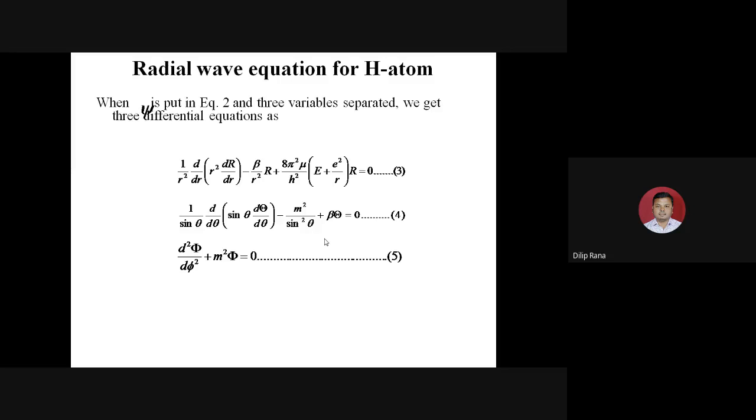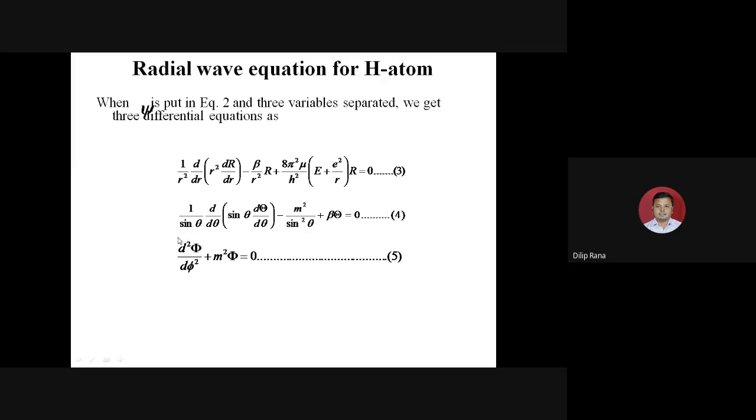So if we separate the variable of psi in terms of r, theta and phi, we can have three equations. Equation number 3 is the function that depends on r, obtained by solving the r equation.